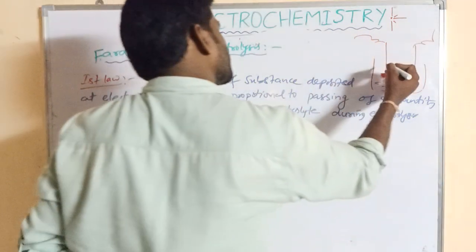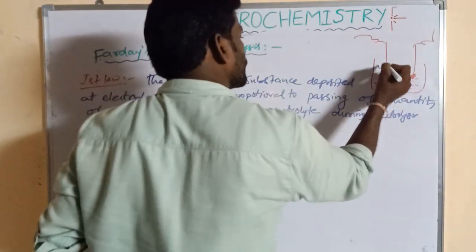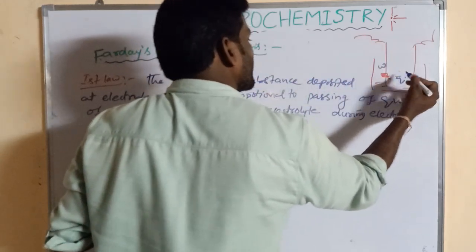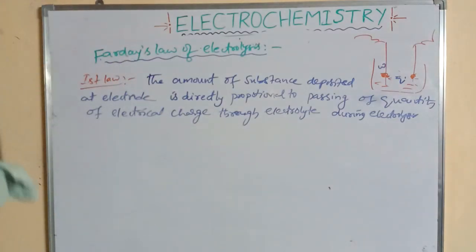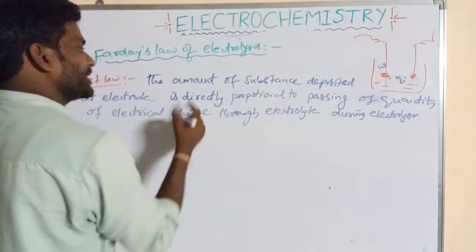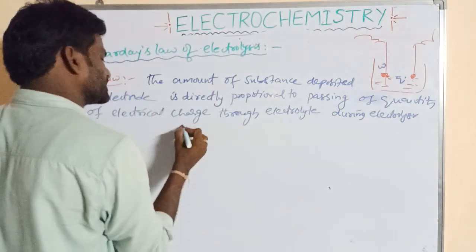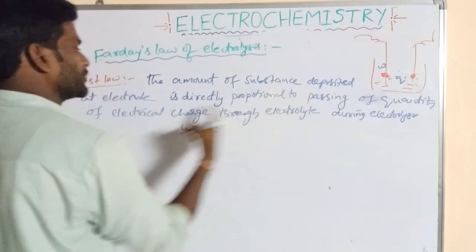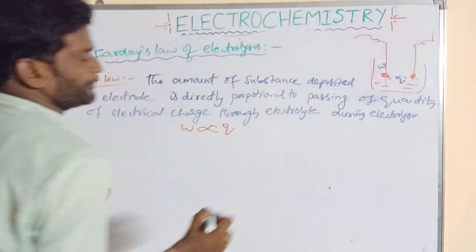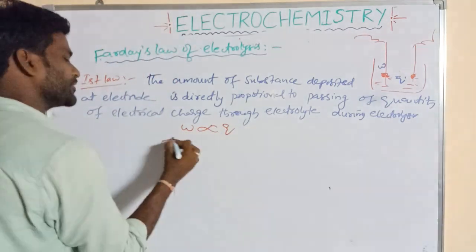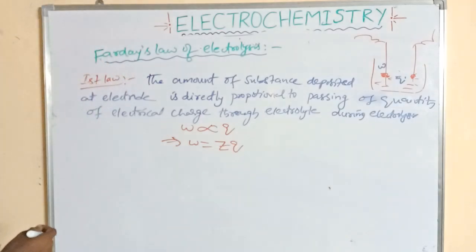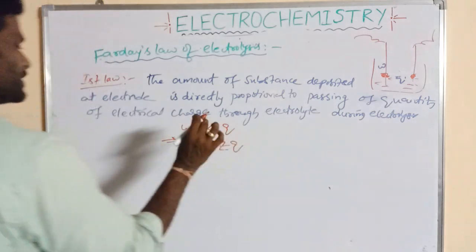Suppose W amount of substance is deposited at the electrode when Q quantity of charge is passed through the electrolyte. Okay, that weight of substance W is directly proportional to the quantity of electrical charge Q. So W is directly proportional to Q, W is equal to ZQ. Z is said to be the chemical equivalent.